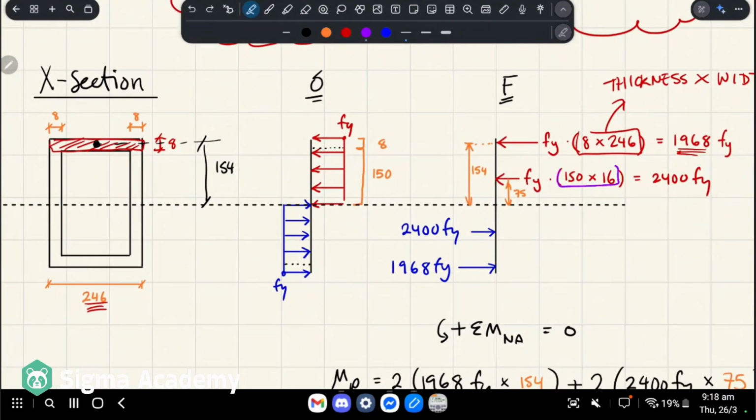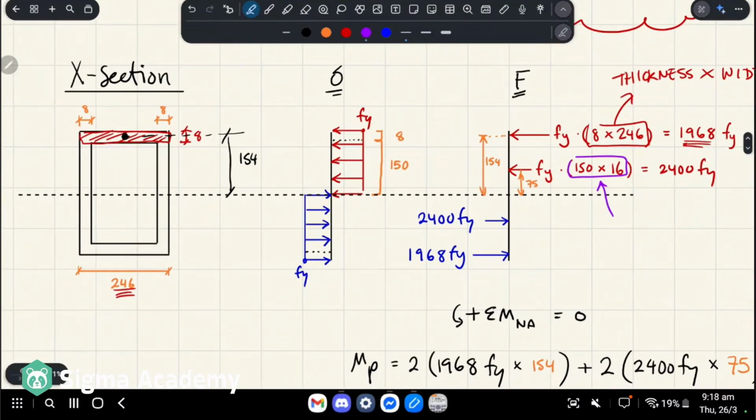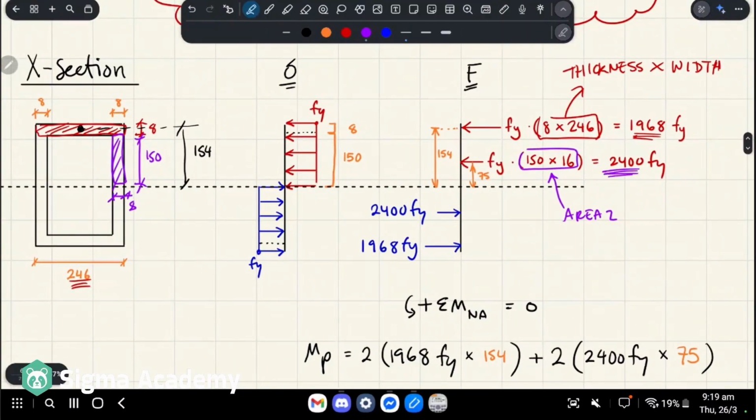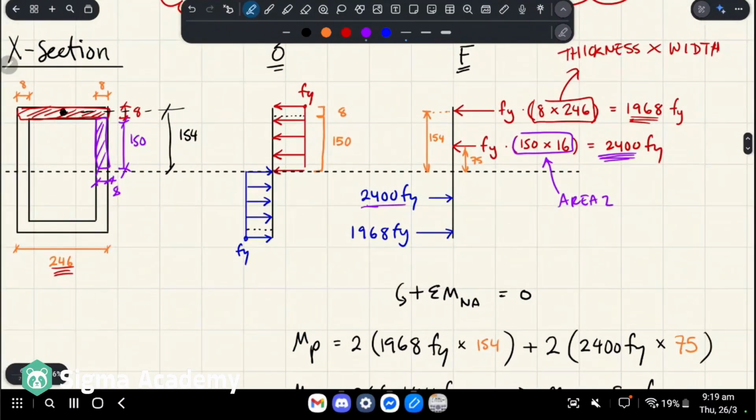It's basically this. That's 150, right? That's 8. So that's area 2, right? Area 2 gives us 2400, and we have a mirrored effect on the other side.